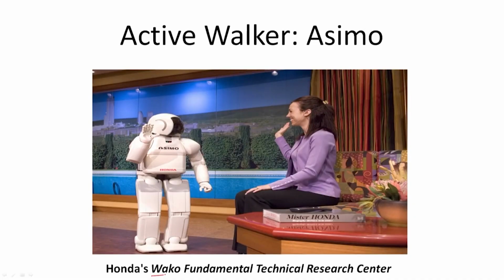Asimo is a walking robot from Honda Group, developed in the WACO Fundamental Technical Research Center. It is the product of so many people, not just one mind, but a group of minds from, let us say, the functional part, the aesthetic part, the ergonomic part, all gelled together to form a modern design.